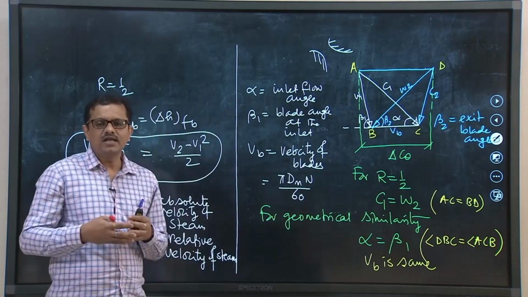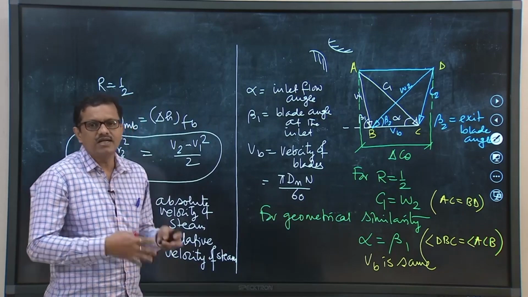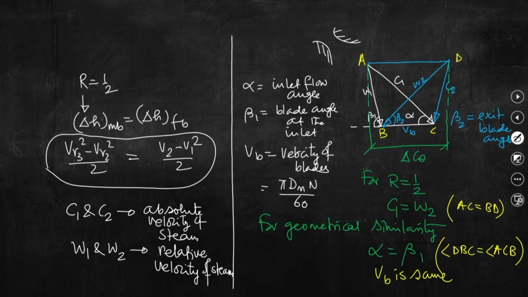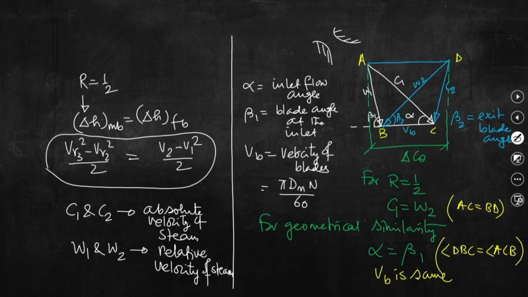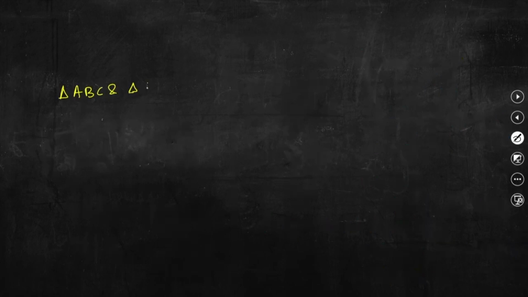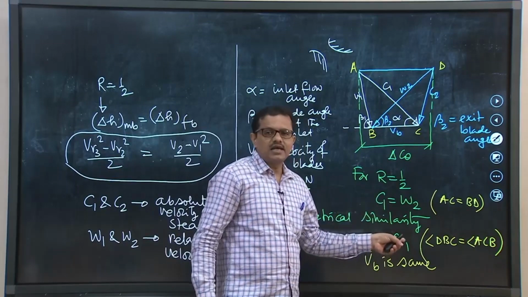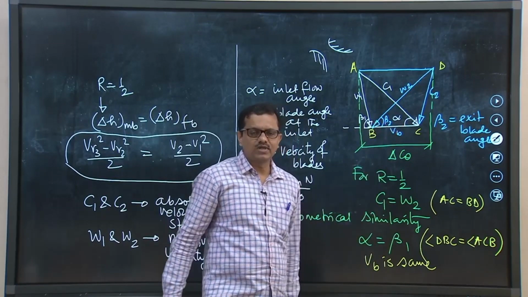From the understanding of side angle side similarity, we can write that triangle ABC and triangle BDC are similar. So basically we can say these two triangles are similar.